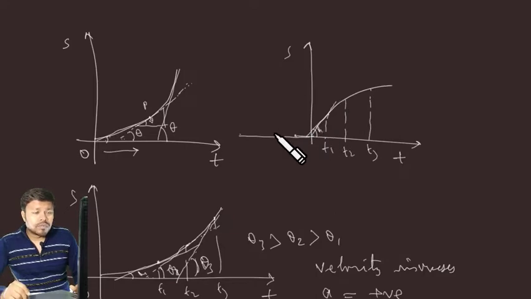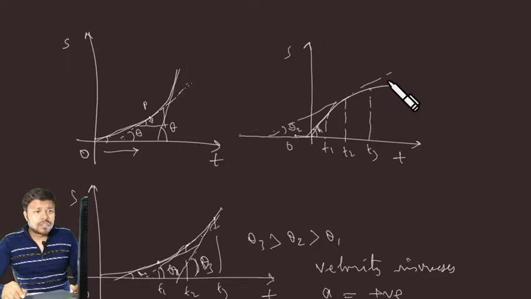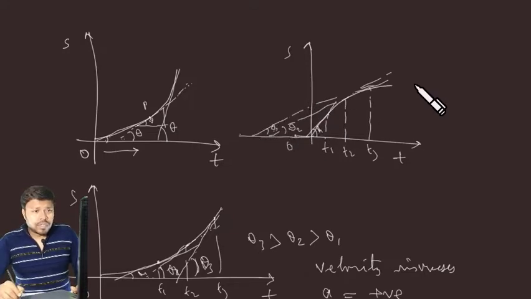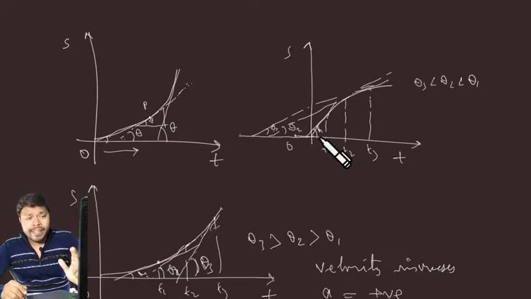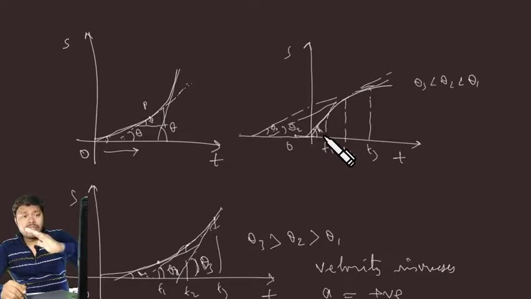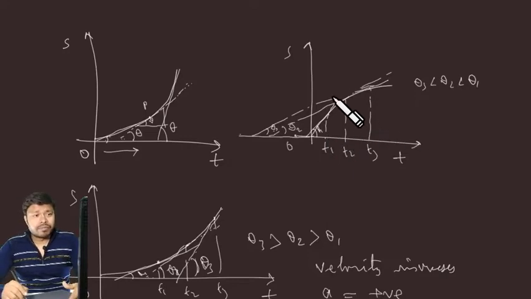At T2, the velocity was tan of theta 2. At T3, the velocity is something like this, theta 3. Now see, theta 3 is less than theta 2, less than theta 1. Right? So the angle actually decreases when the time increases in this curve.